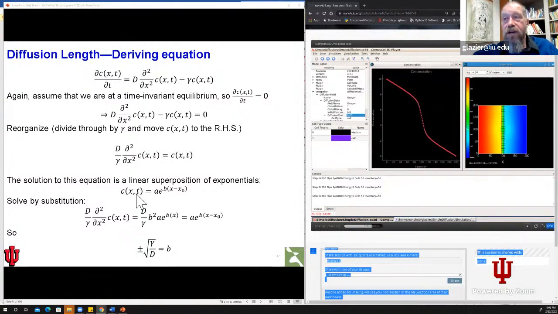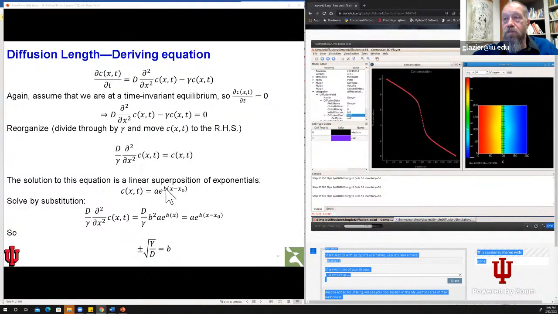And so I write c of x is equal to a e to the b(x minus x0), which is the most general form of exponential. I now plug that in here. The second derivative pulls b down twice.